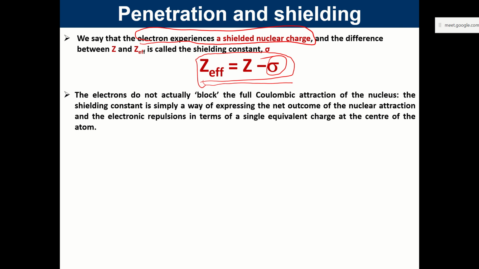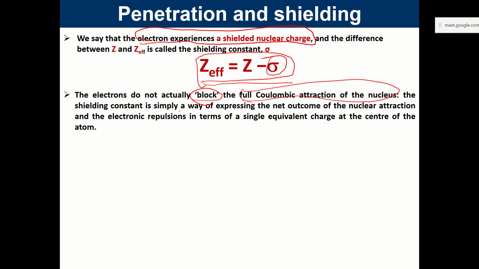So the electrons within that sphere that we are considering, the inner core sphere, are actually blocking the full Coulombic attraction from the nucleus. So this is the net result that we try to express.